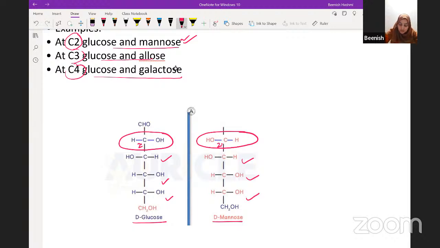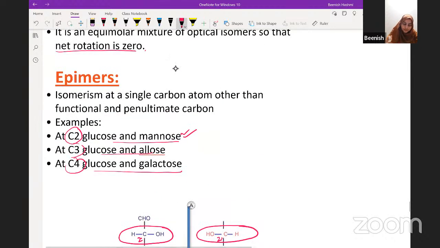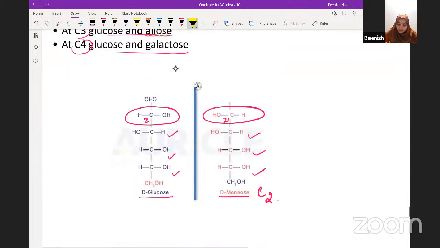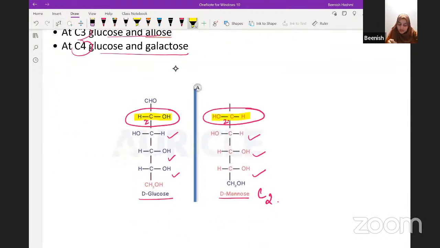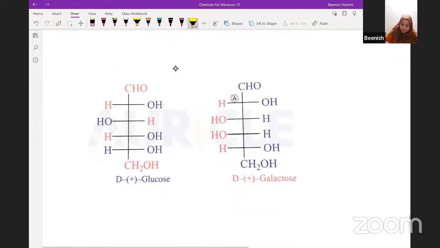So we say glucose and mannose are epimers at carbon 2. In epimers, there is isomerism only at a single carbon, okay? Only at a single carbon, don't get confused. There is only a difference in orientation at carbon 2, and the orientation of the rest of the hydrogen and hydroxyl is exactly the same.